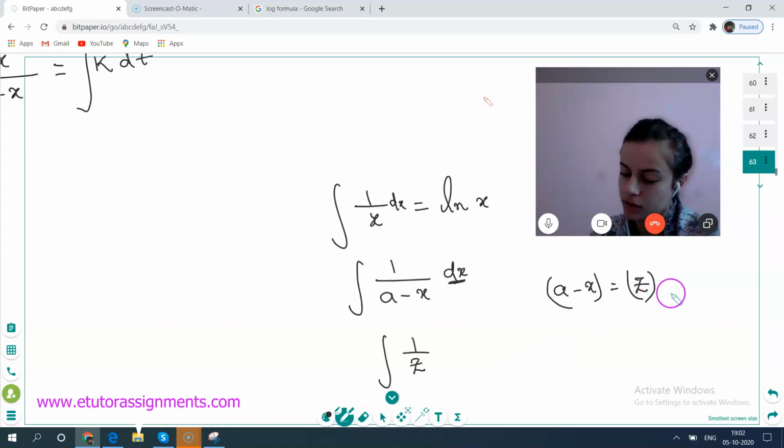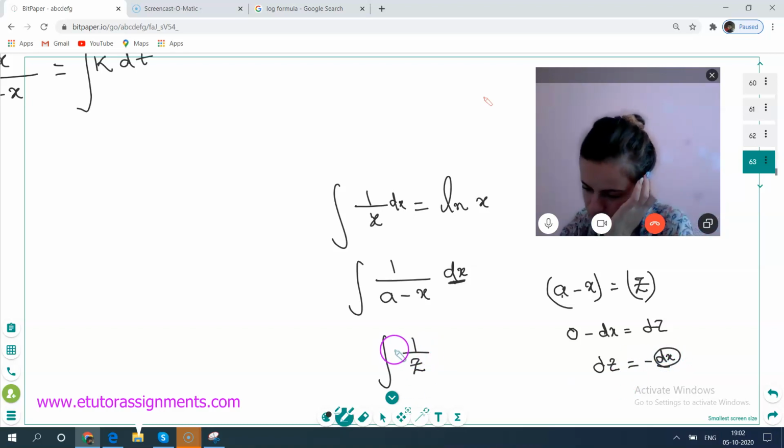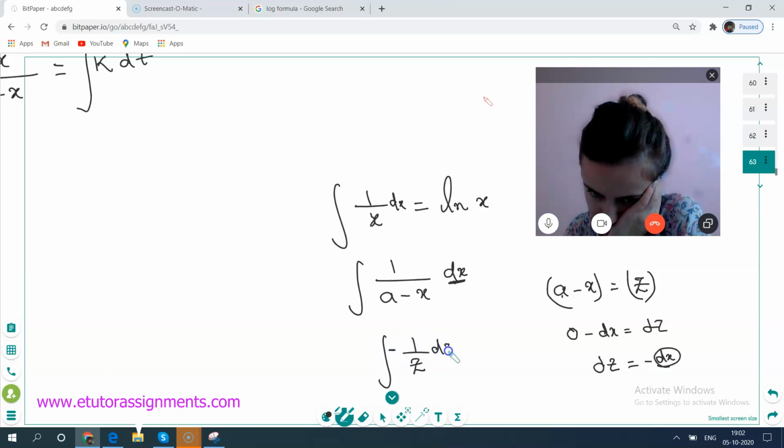You will get dz. a is constant, so 0, minus x differentiation gives minus dx, so dz is equal to minus dx, means dx is equal to minus dz. Is it clear?